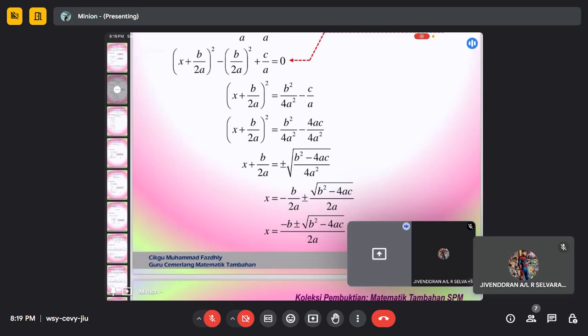And then it's like factorization, bring the terms to this side, and it will turn into (x plus b over 2a) squared equals b squared over 4a squared minus c over a. And if you simplify it, it will turn into (x plus b over 2a) squared equals b squared over 4a squared minus 4ac over 4a squared.